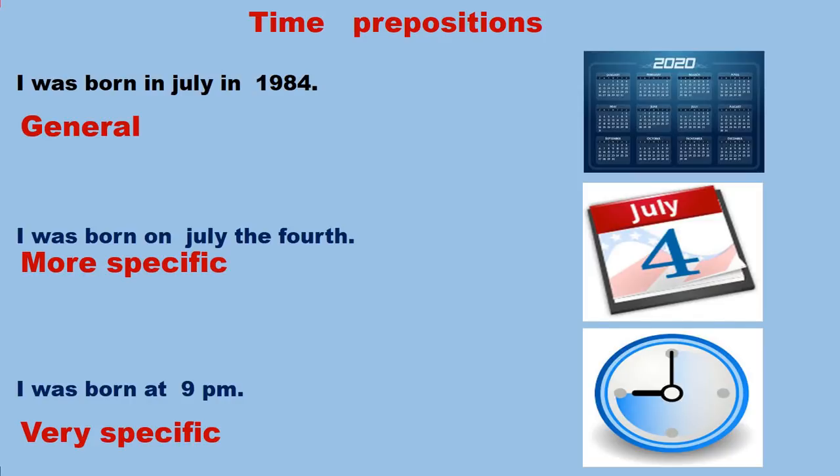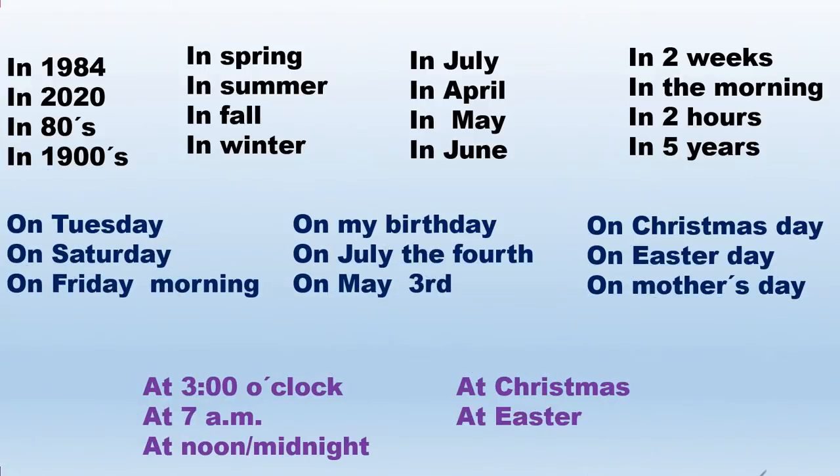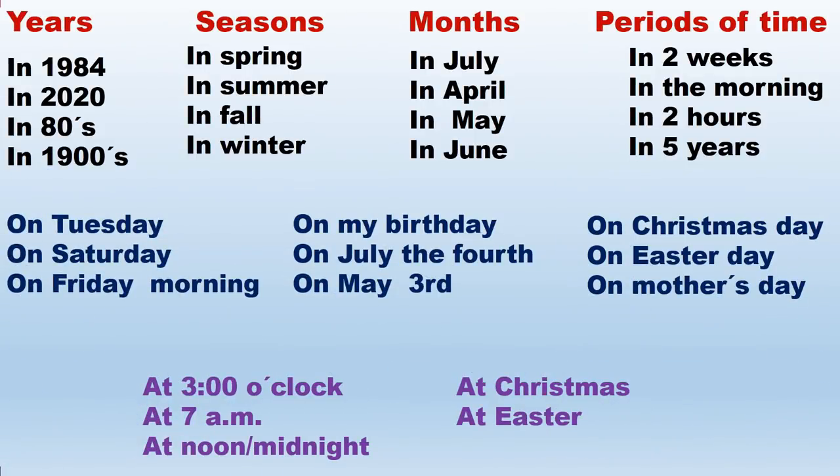Now, I want you to pay attention to these examples. Pay attention to all these expressions: years, months, periods of time. When you are talking about these concepts, you're going to use in. If you're talking about years, you're going to say in 1984, etc. When you're talking about seasons, you say in spring, in summer, in fall, in winter.